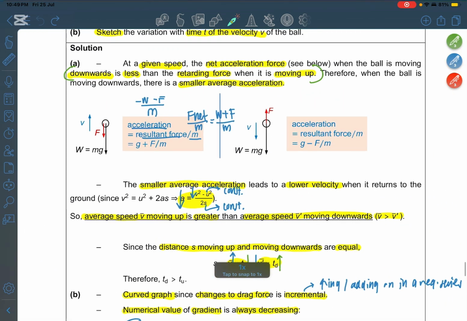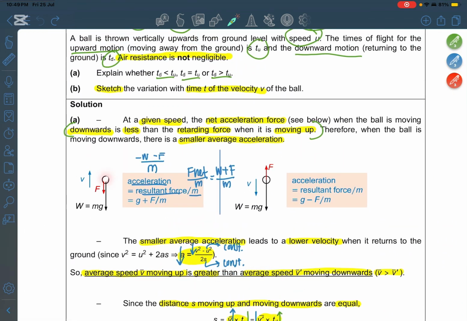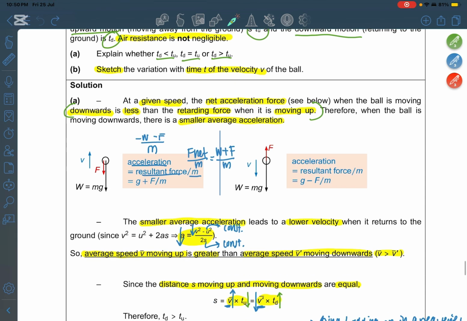Sorry. Imagine this is the ball, right? So at a given speed, the net acceleration force when the ball is moving downwards. Okay, the ball is moving downwards, right? So velocity is moving downwards. This is the weight, this is the small f acting opposite.